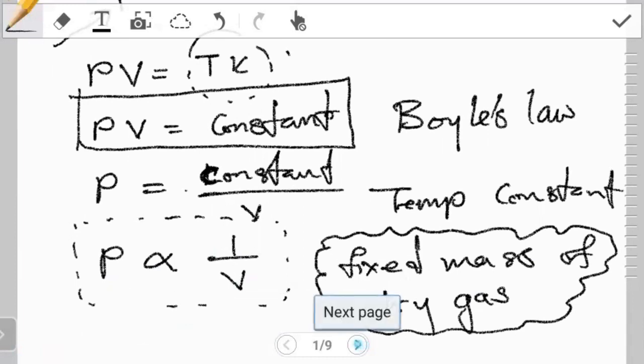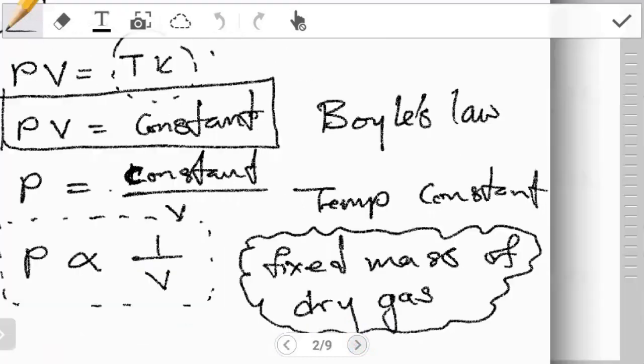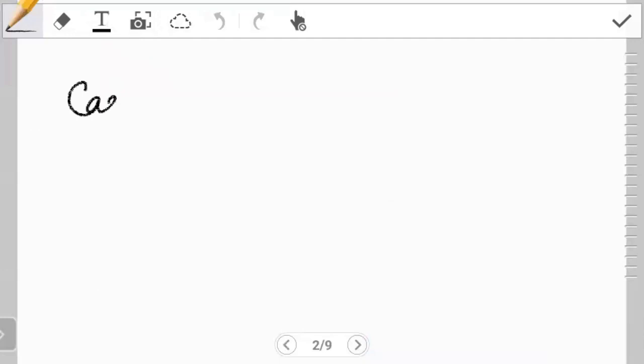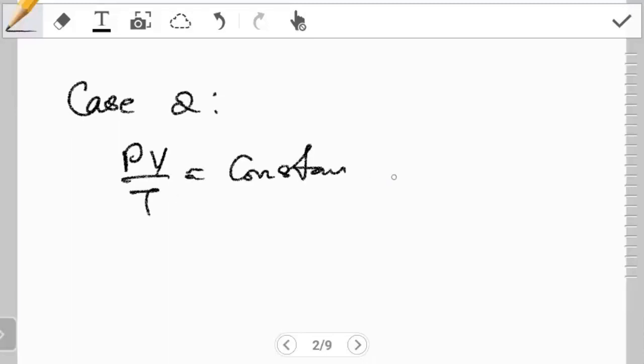Now, the next case that we're going to look at, so we're moving on to case 2. We're starting with PV over T is equal to a constant. But in the previous case, we kept temperature constant, and we ended up with PV is equal to a constant, and we call that Boyle's law.